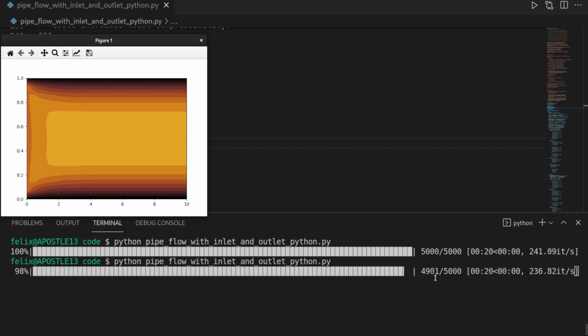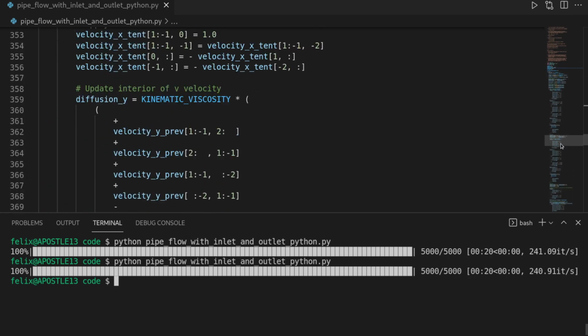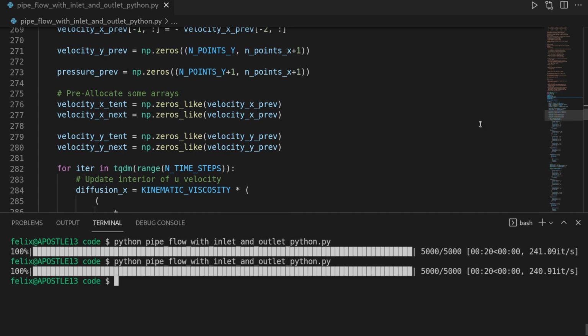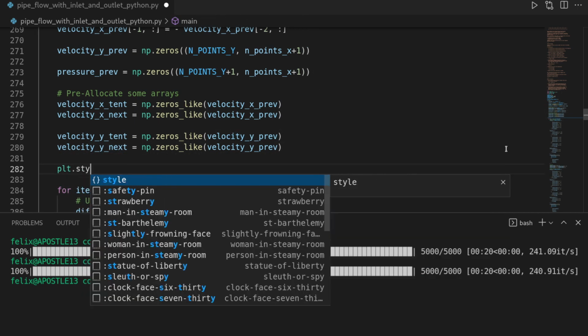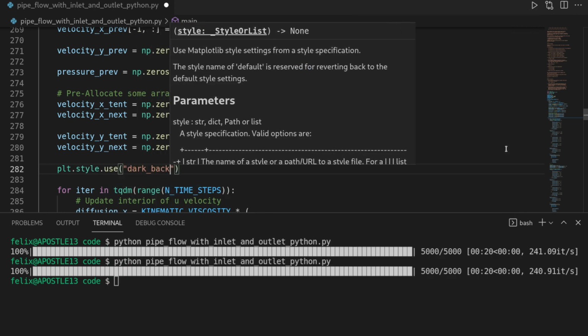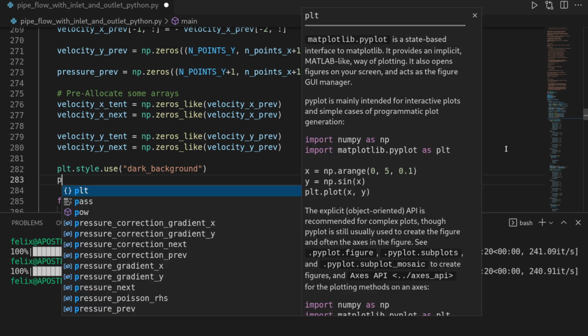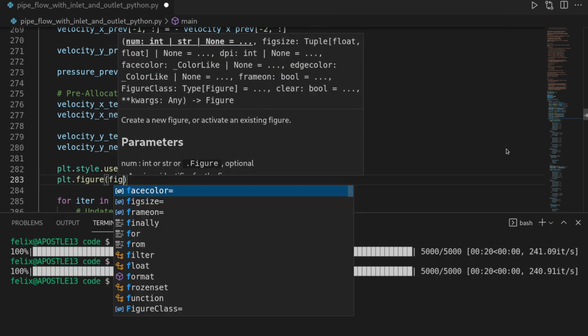So let's make it look like it was in the intro. First, right before the time loop, I want to set something regarding the styling. So let me say plt.style.use dark background, because dark mode is always nice. And then let's create a figure with the following aspect ratio.